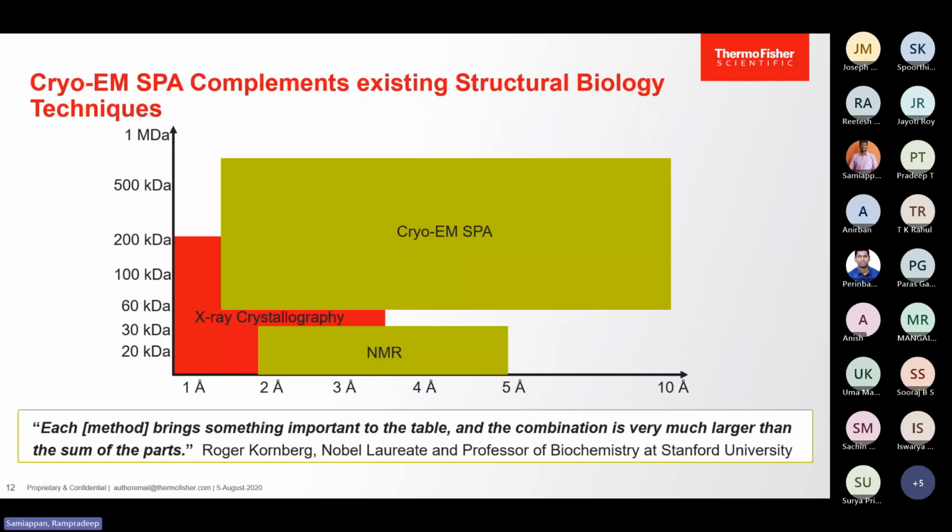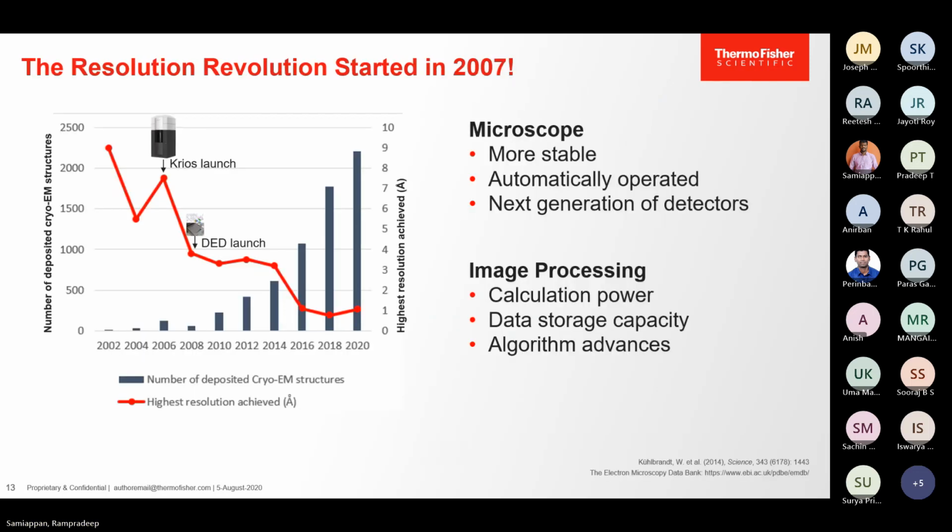As you can see, this chart explains what cryo-electron microscopy can do and what the limitations of NMR and X-ray crystallography are. As I mentioned briefly before, the revolution started in 2007. Previously, there were microscopes from different competitors as well, but the detectors were not good enough to achieve high resolution.